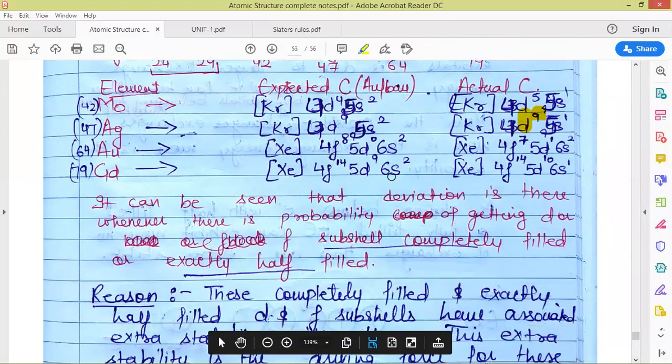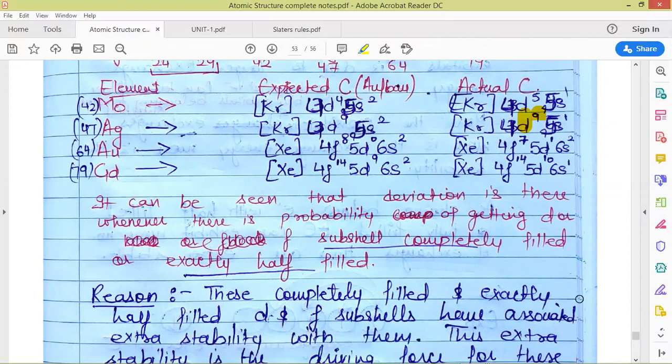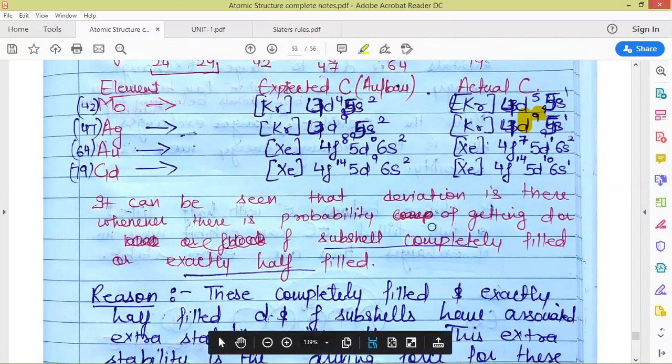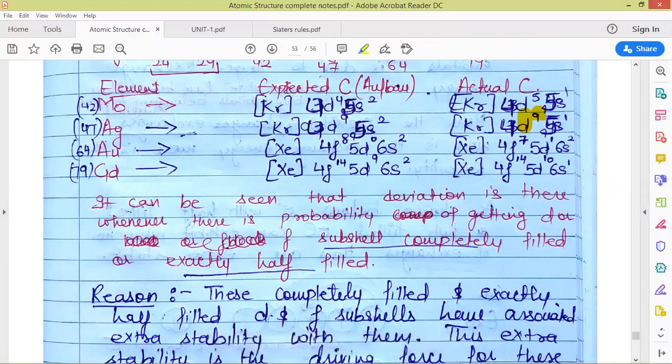Next is gadolinium, where one of the electrons from the 6s orbital shifts to the 5d orbital. So it can be seen that deviation is there whenever, as the maximum capacity of d orbitals is 10 electrons, exactly half filled will be d5, and for f orbitals fully filled is 14 and exactly half filled would be 7.